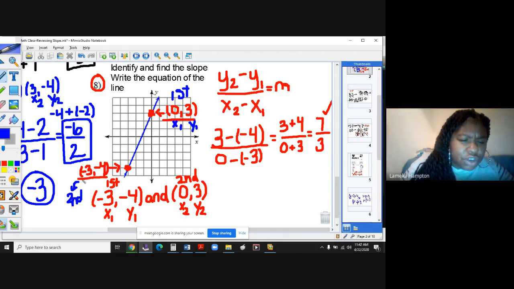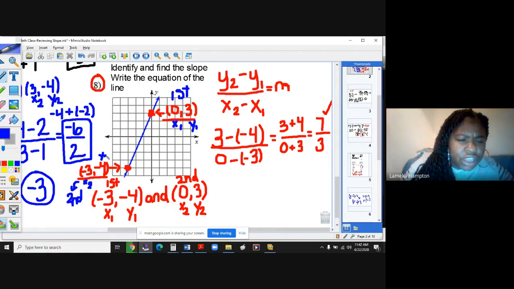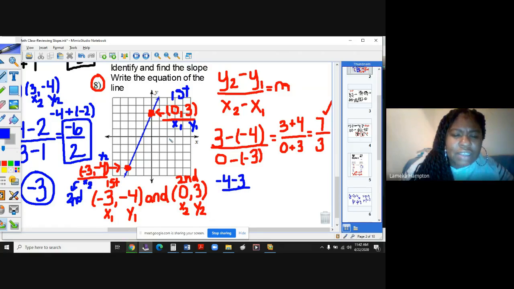And then this is going to be x2, y2. I apologize in advance if you can't see it. So I'm gonna just write that up here. When I do that, I'm going to have -4 minus 3. I'm going to write that in the blue. Those are my y's.